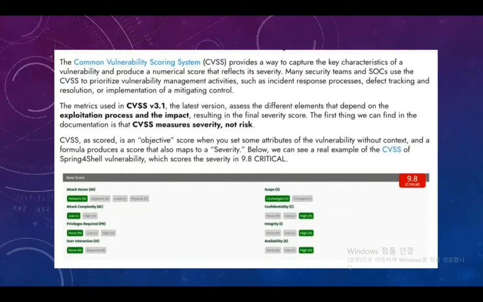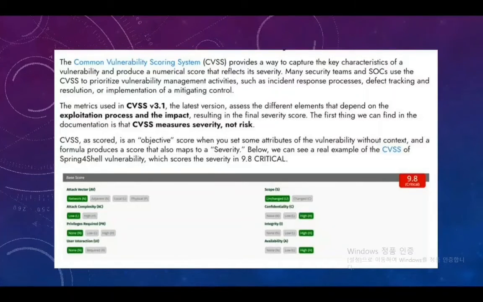Many security teams and SOCs use the CVSS to prioritize vulnerability management activities such as incident response processes, defect tracking and resolution, or implementation of mitigating controls.